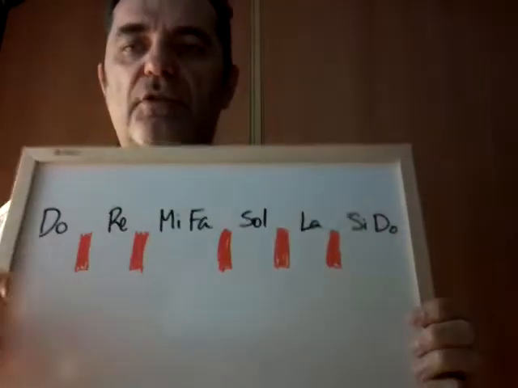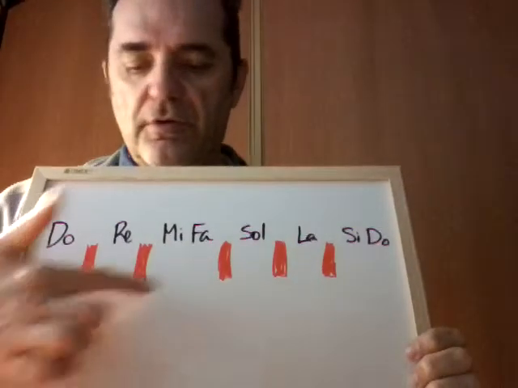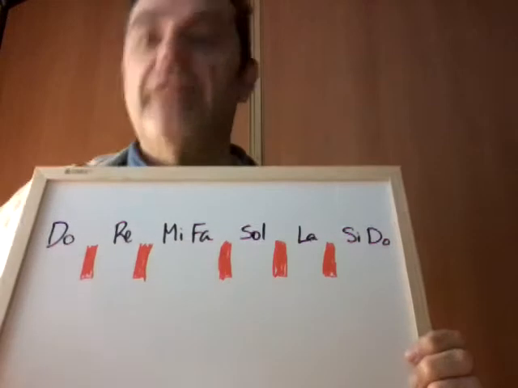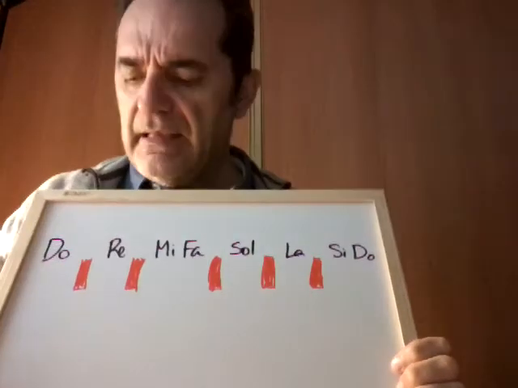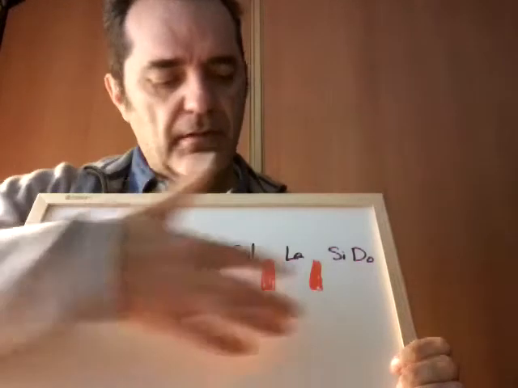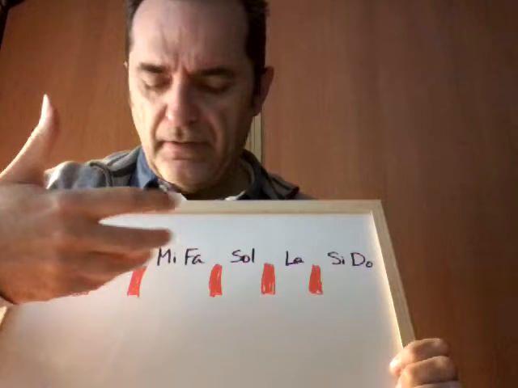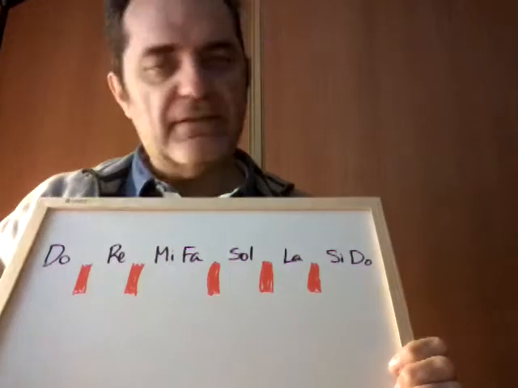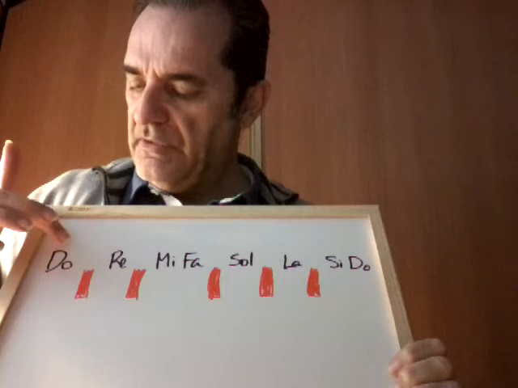Bueno, pues aquí tenéis la representación de las notas, do, re, mi, fa, sol, la, si, do, y si os fijáis aquí he puesto en rojo lo que serían las teclas negras del piano. The red symbols here, kind of square, represent the black keys on the piano. So from C, sorry, I'm going to put the notes in English as well.